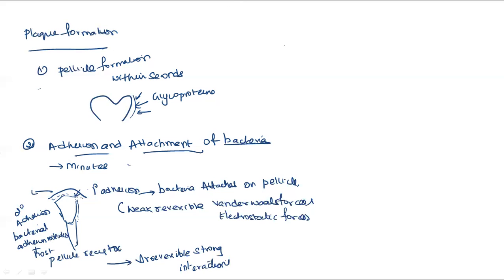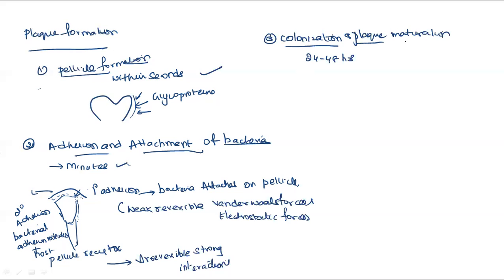Now comes colonization and plaque maturation. This happens within 24 to 48 hours. So pellicle formation occurs within seconds, adhesion and attachment of bacteria within minutes, colonization and plaque maturation within 24 to 48 hours.